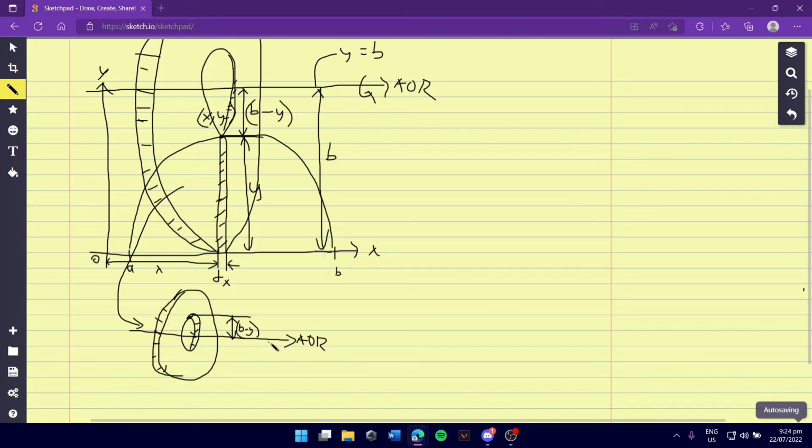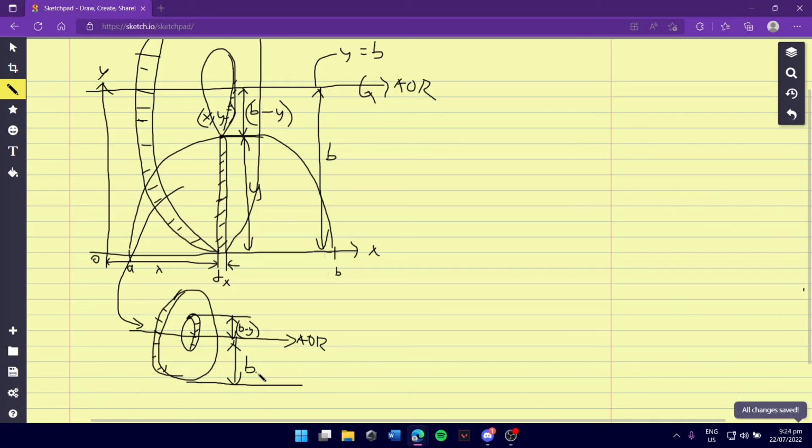And then from your axis of rotation down below, from here to here, is called your b, right?